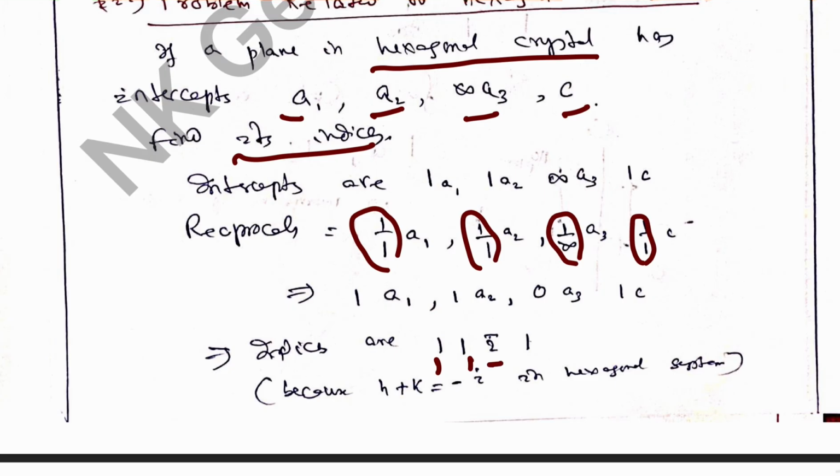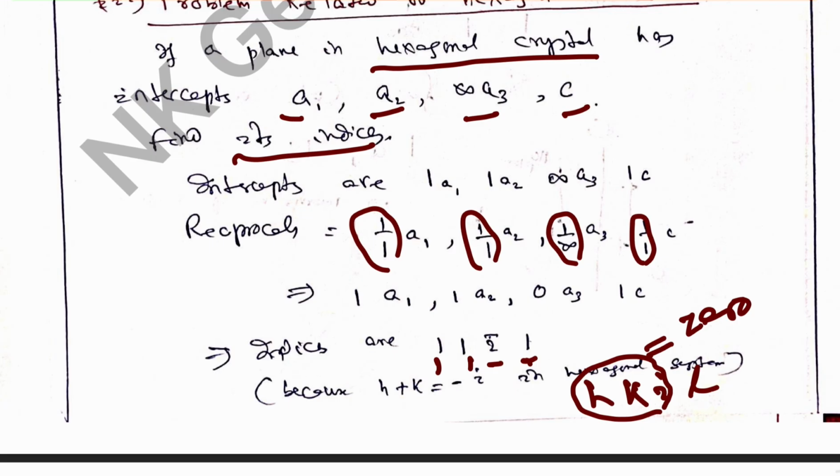So the indices will be 1, 1, 2 bar, 1, because the hexagonal symbol is (hkil). These three are summed up to produce 0.